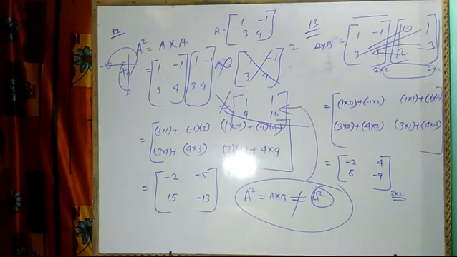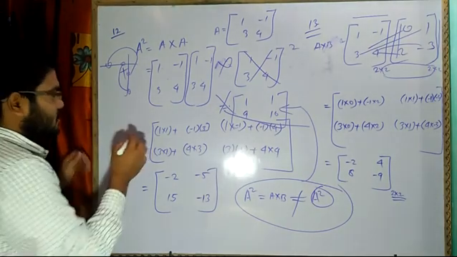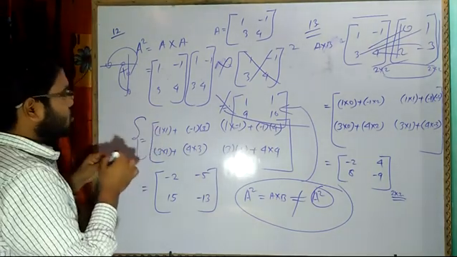Why I am saying that in the upcoming lecture I will be more clear for you all is because I know that most of the students face many problems in multiplying the elements. For the last 2 years I have seen that students face problems in this section, how to multiply.